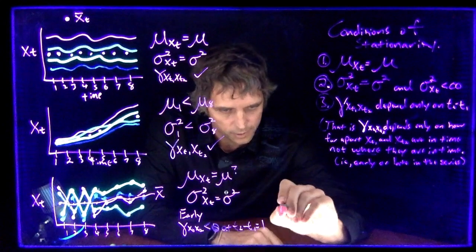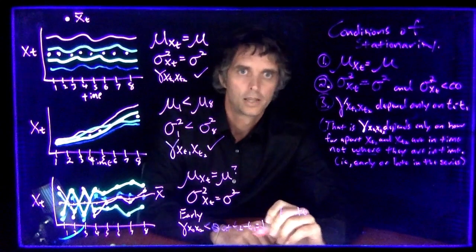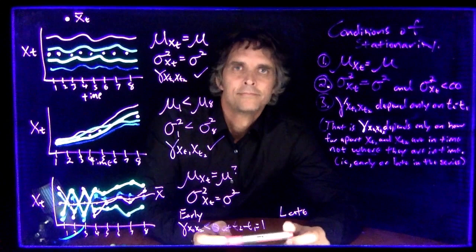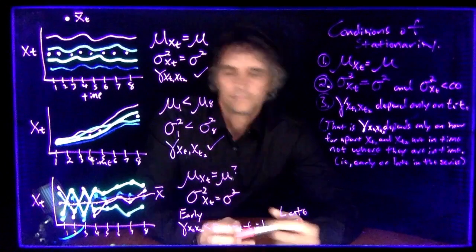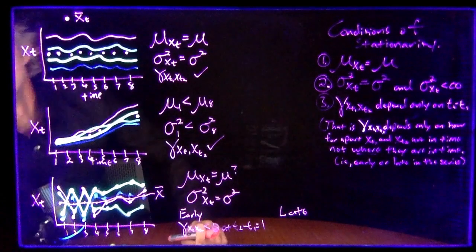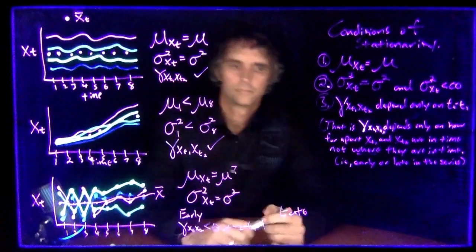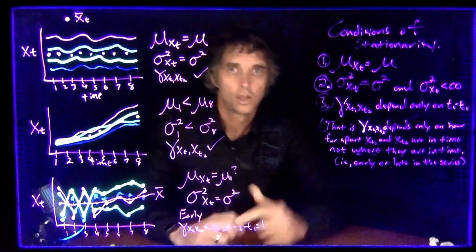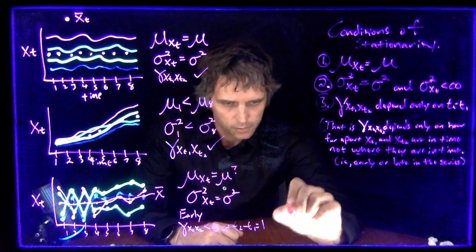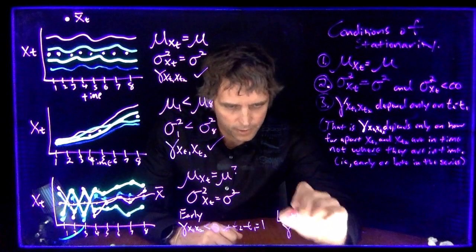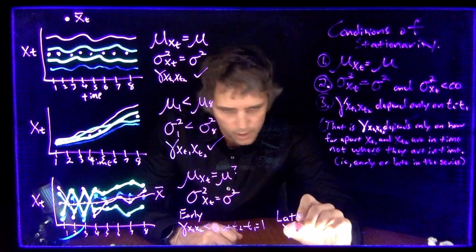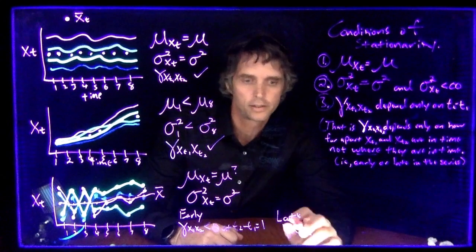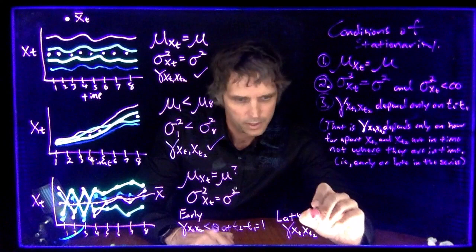Whereas late in the series, we say that is consistent with the autocovariance of xt1 and xt2 being greater than 0, right?